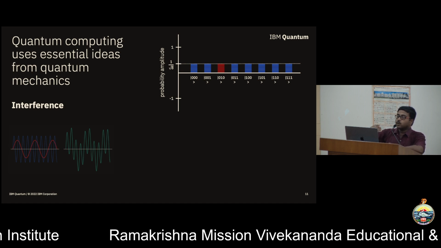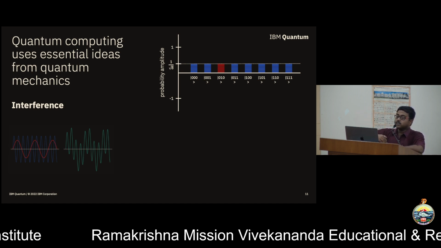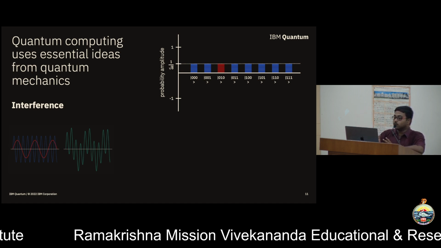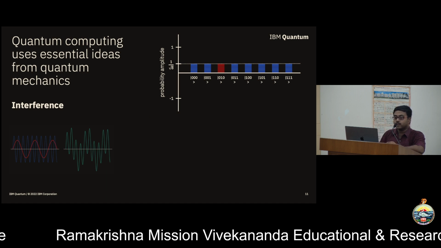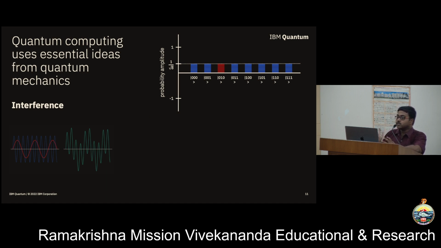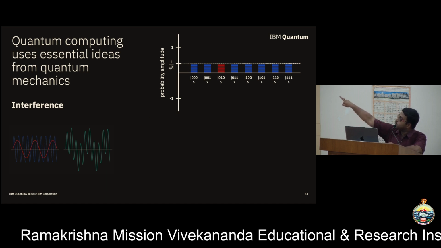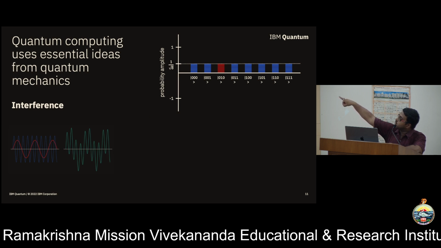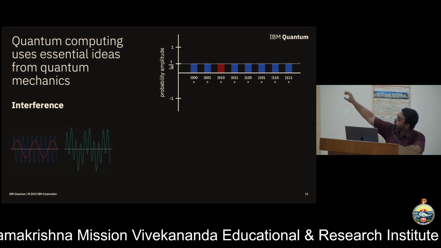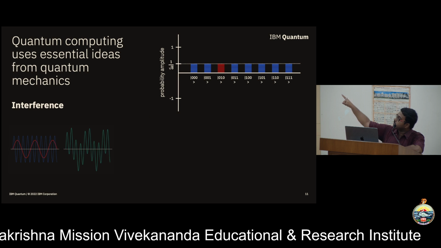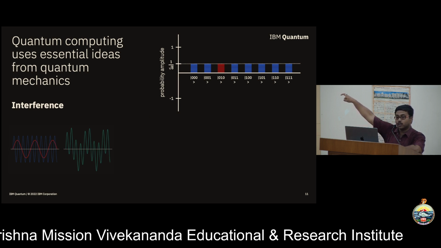The way a quantum computer works is totally different from the way a classical computer works. Let's give an example. Let's say that we want to search for an element. Here, as you can see, we have these blue things, and all of those are elements. Out of that, I am interested in the red one.